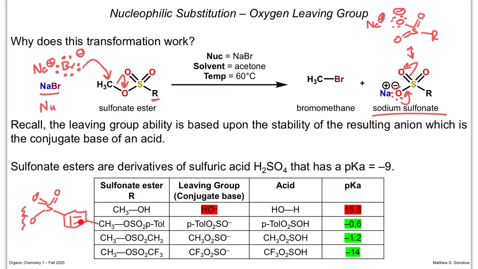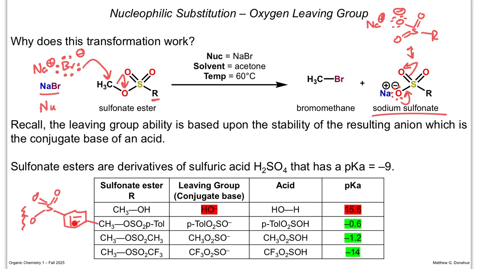This first one that I drew out is nice for a concept that will cover more in organic too. You've kind of been exposed to it already in lab with thin layer chromatography. You spot something on a plate and then you use UV light over that plate. Did you do that? So you shine the UV light on it and then it should hopefully show like a purple bluish color.